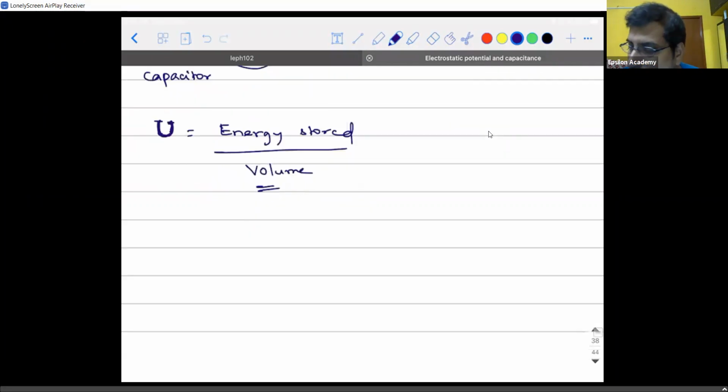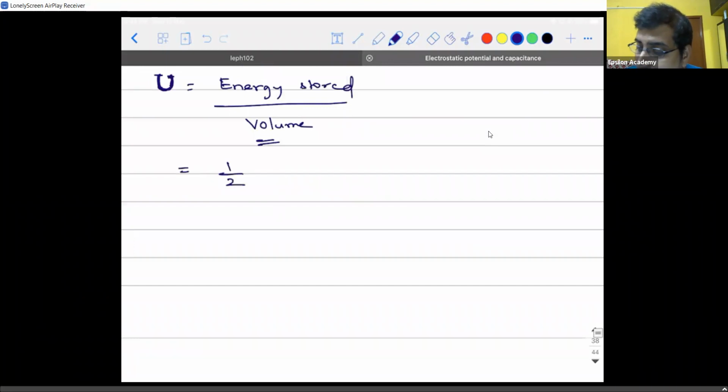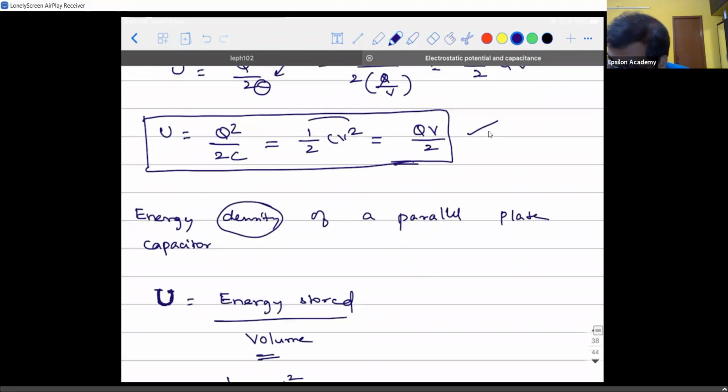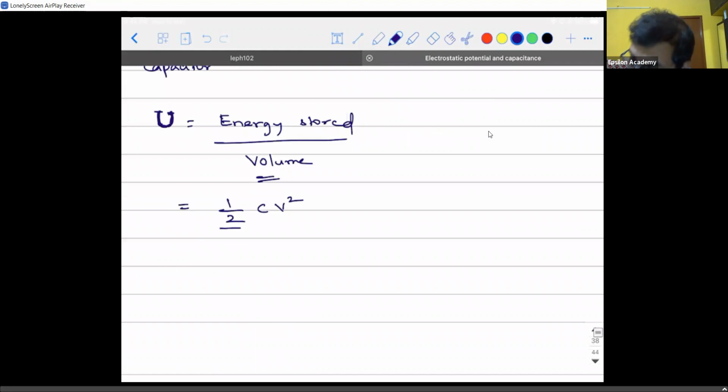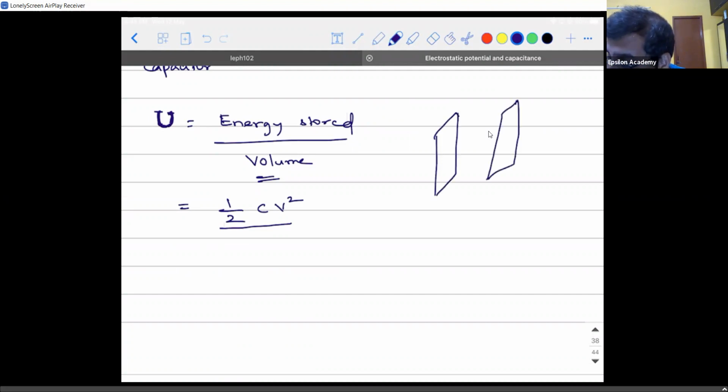Okay. So what is the value of energy density, guys? It is half CV square. I'm using this formula, the most commonly used one, half CV square. Half CV square divided by the volume of the capacitor. See, a capacitor will be like this. You have a plate here, you have a plate here.